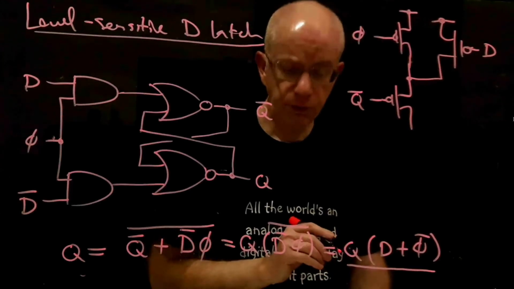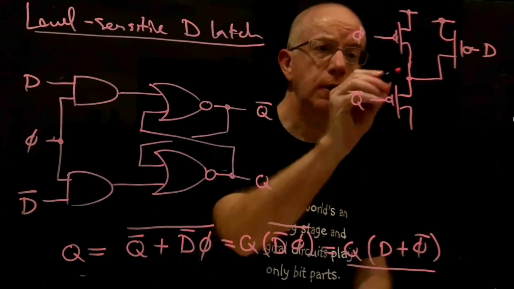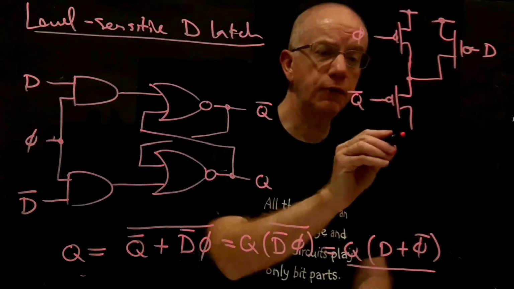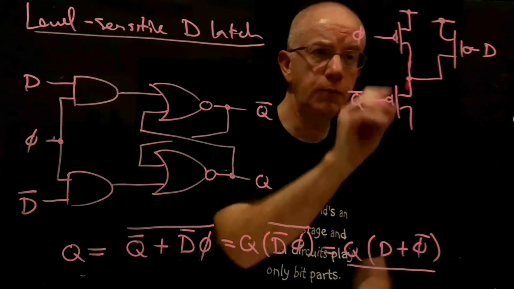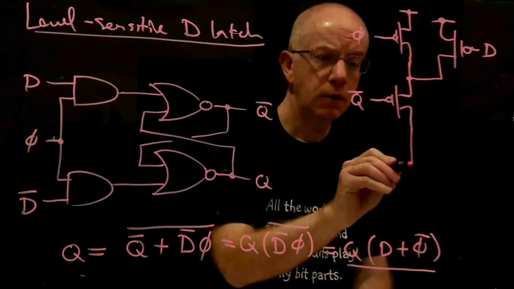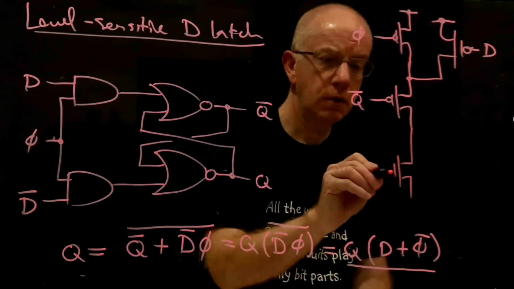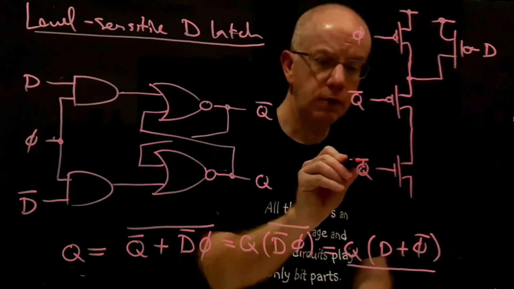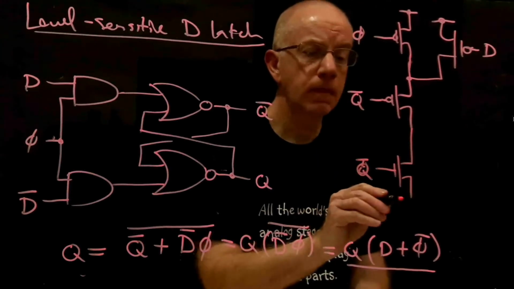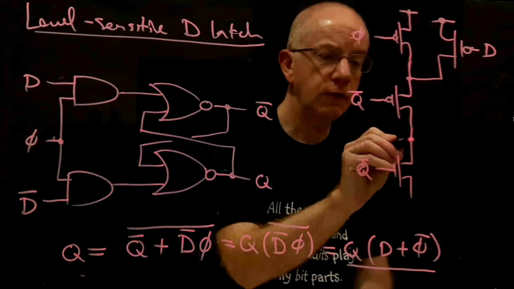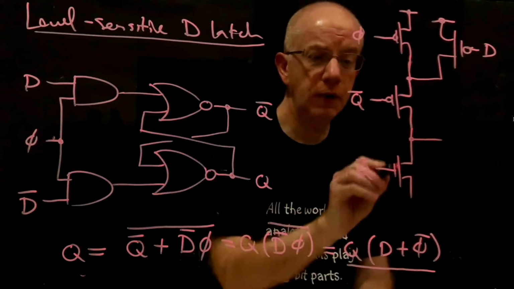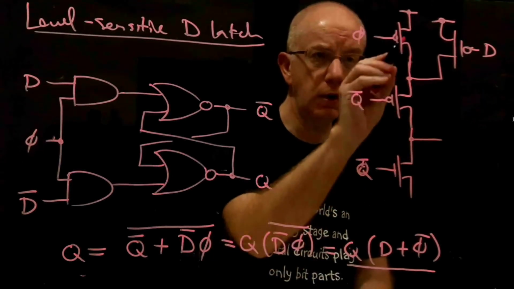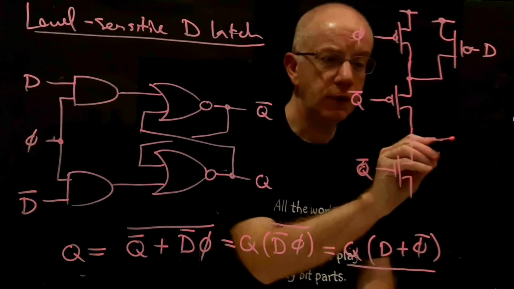And we can synthesize the pull-down by just taking the conduction complement of this thing. So we're going to have two things in parallel. There's the Q bar. I almost did it again. Q bar. And off to the side, so that corresponds to this, and that's going to be in parallel with two things in series.